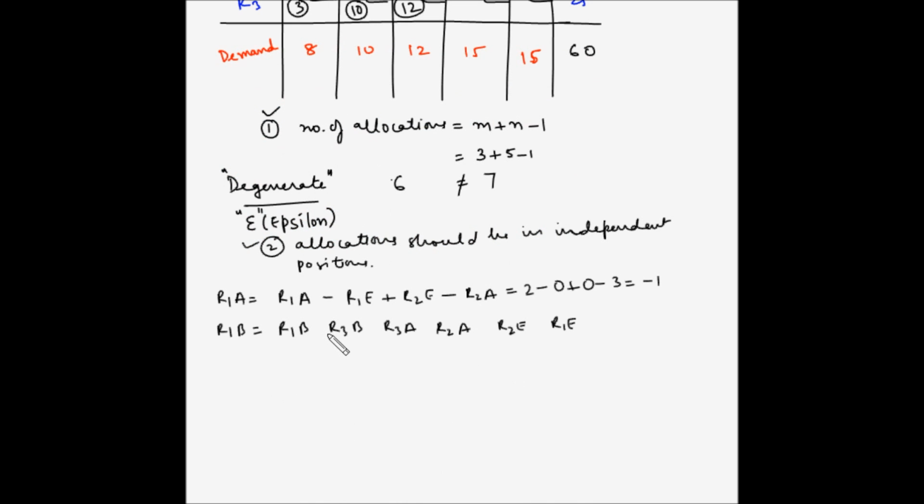Now we have to put alternate plus minus signs, starting with a plus sign from the water square. So plus, minus, plus, minus, plus, and minus.